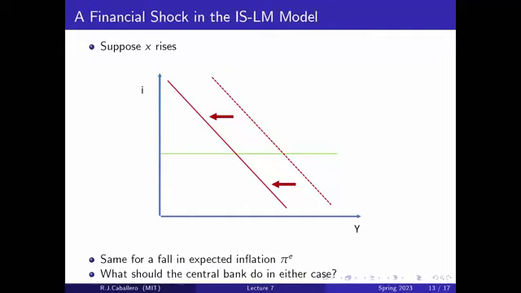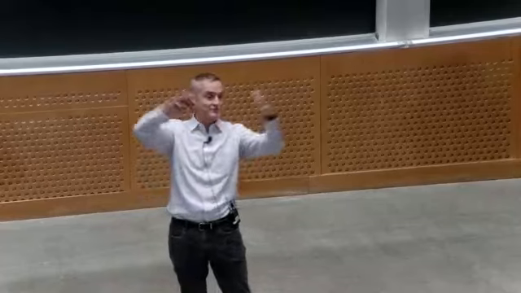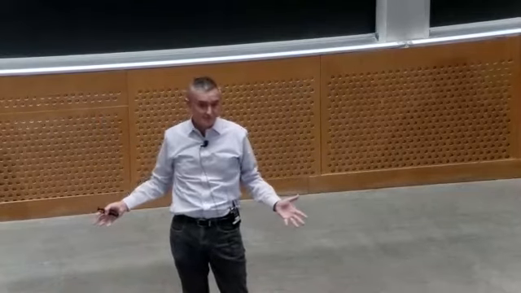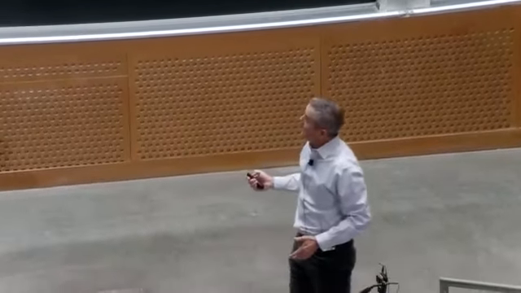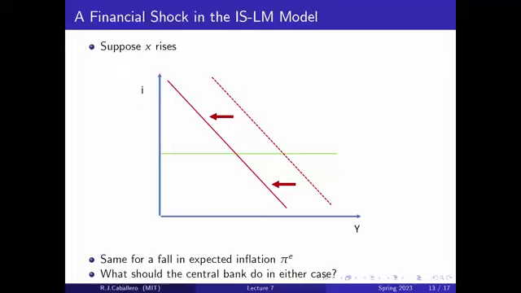So the first thing is, if X goes up, as it did in the global financial crisis, in the Great Recession, by the way, when I say the global financial crisis or the Great Recession, those are the same episode. It started from a financial crisis and it ended up being a recession everywhere and a financial crisis everywhere as well. Okay? But anyway, what I just described is this. In the IS-LM space, the IS is shifting inwards a lot.